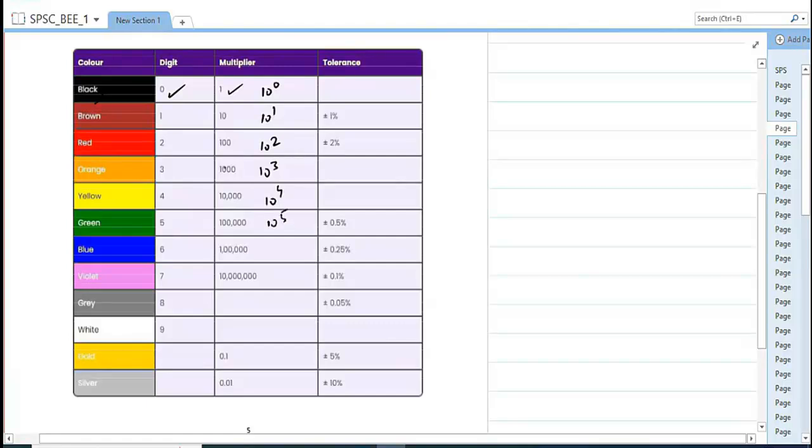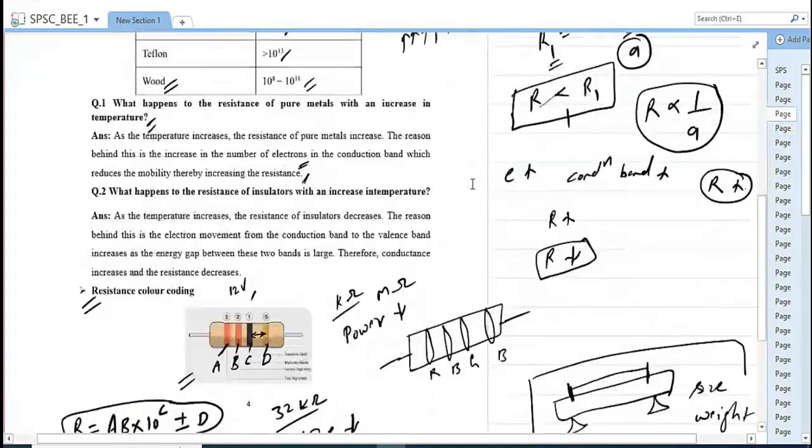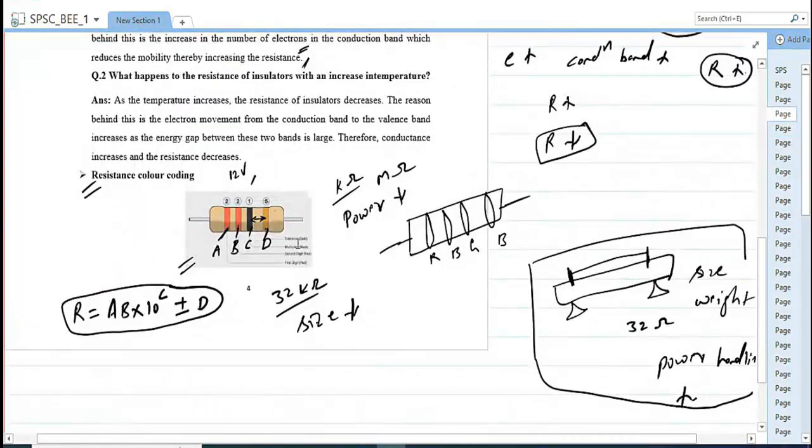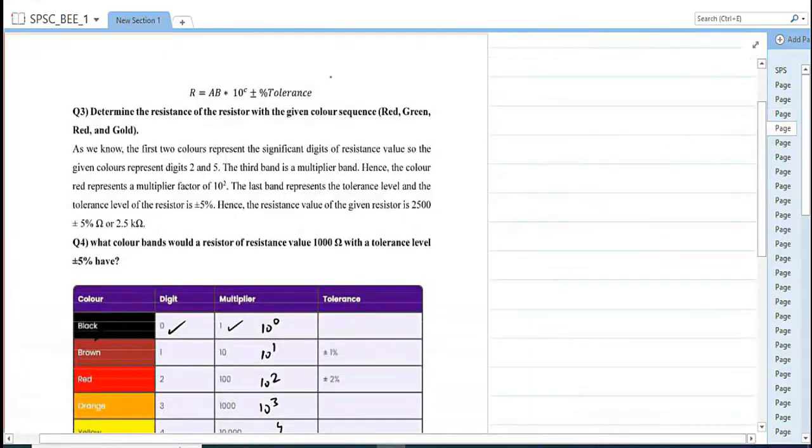Now come to the question in the previous page. What colors are there? I think it is red, red, black and gold. So let me write. First color was red, then red, then black, then gold.